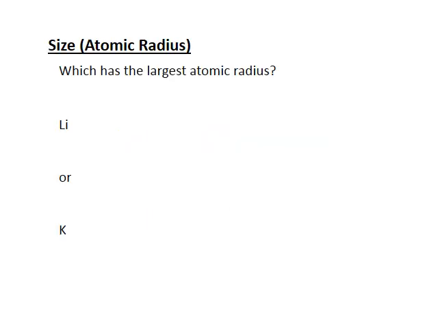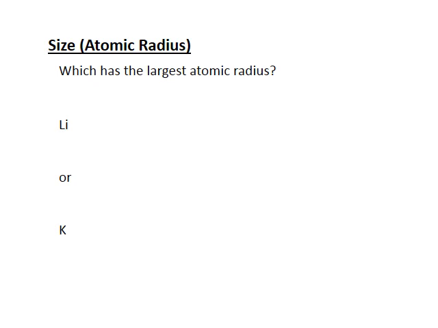Okay, so let's see. One trend that we should get a handle on is size. So if I look at lithium and potassium, they're two elements that are in the same group. So they're both alkali metals. Lithium is way up there near the top, and potassium is, well, lower down in that group.